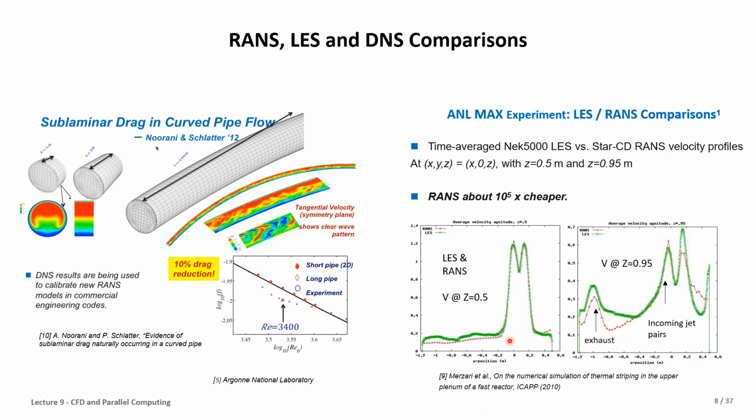As we can see, in some parts they are not matched, and the difference between them is in some details. Here, where we have the incoming jet, LES provides more detail, which cannot be captured by RANS. But from the previous point, we know RANS is about 5 to 10 times cheaper than LES.